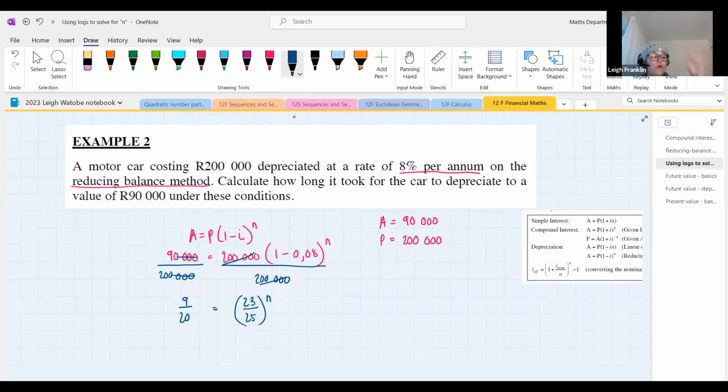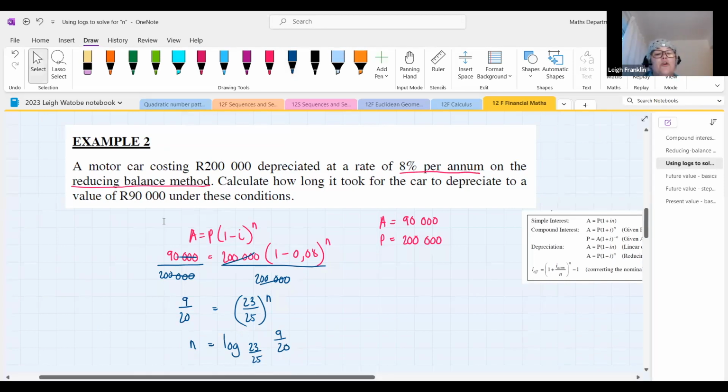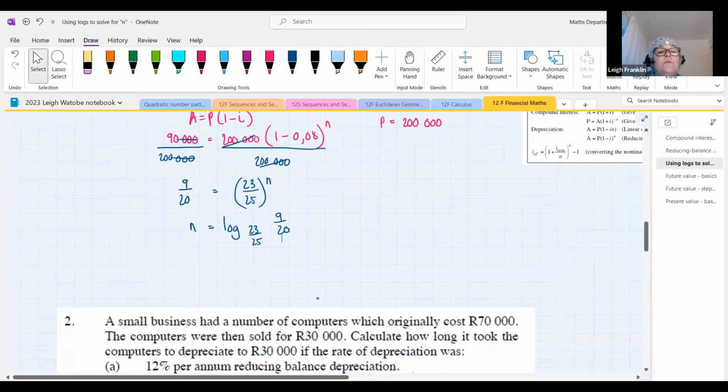You just don't round off whatever you do. If you're writing it as a decimal, you must keep all the decimal places. And then again, we would say time, or n, is equal to log of our base, and then we're going to put in our number. Just like that. And we must show this step as well.